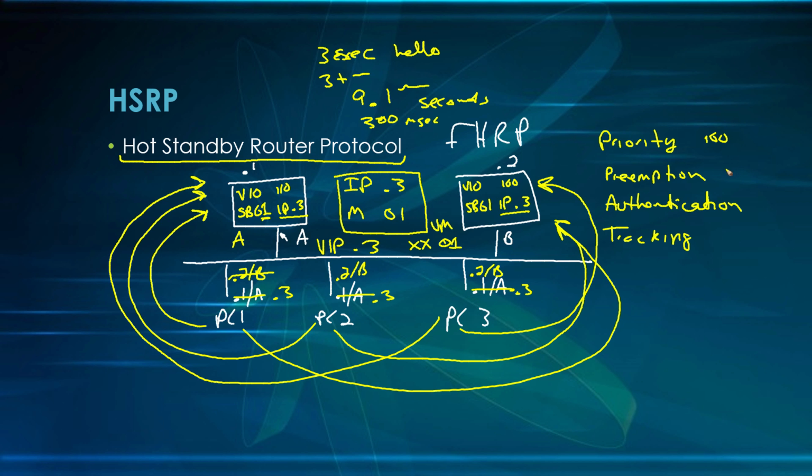Now you get this preemption option here. Preemption basically says, if I have both of these devices participating in HSRP, what's going to happen if switch A checks out, goes to lunch, doesn't come back? You RMA the switch, it comes back, and then you say, well, I want this one to be the primary, or the active.